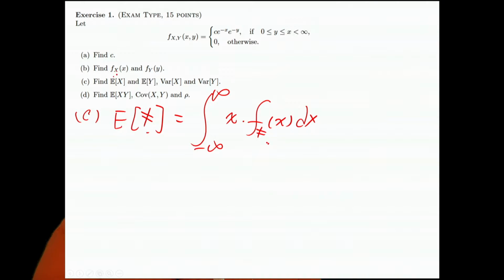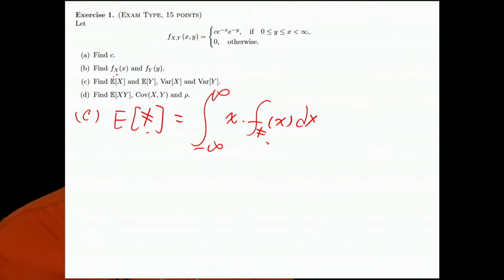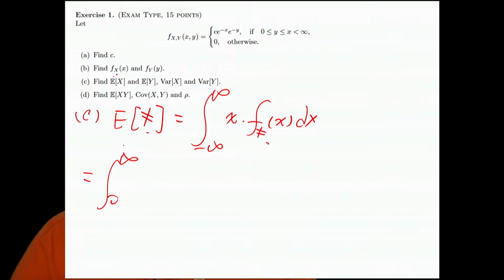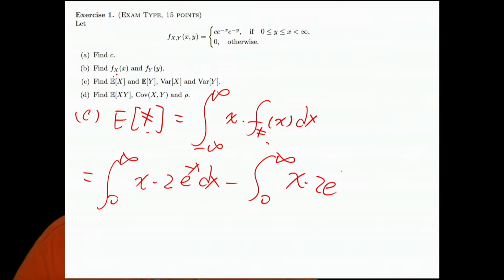This we found from part B. So I have x from 0 to infinity, x times 2 times exponential to the minus x dx minus x times 2 times exponential to the minus 2x dx.